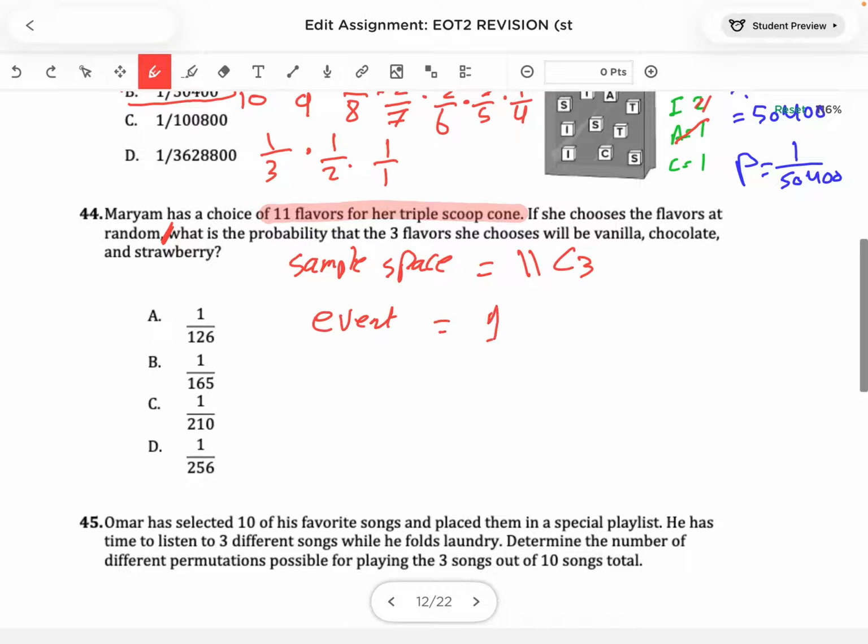Well, the event is 1 because she will choose vanilla, chocolate, and strawberry, and that's it. So the probability will be 1 over 11 combination 3, which is 1 over 165. Next question.